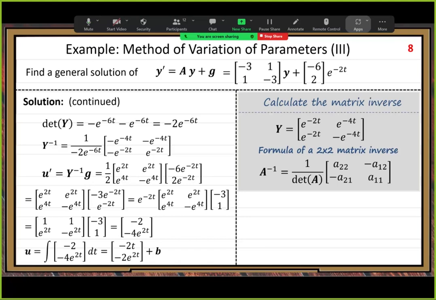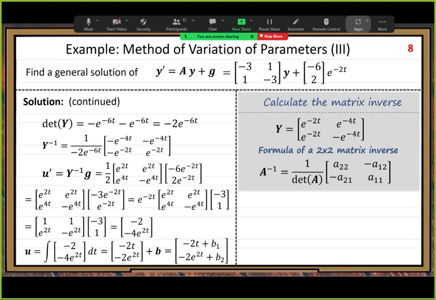So here we use the b vector as the constant term, b1, b2. So we can write the u vector with these two constants.